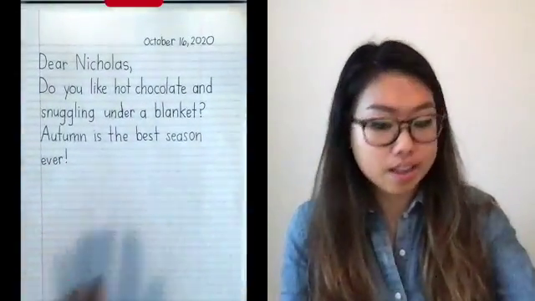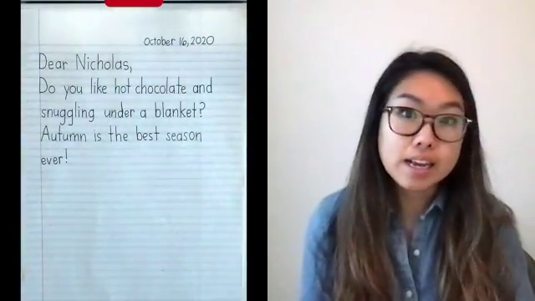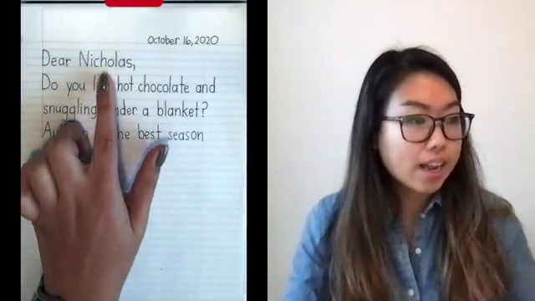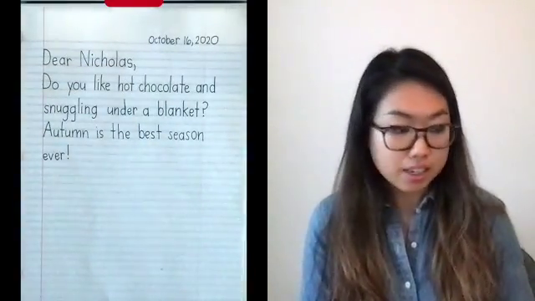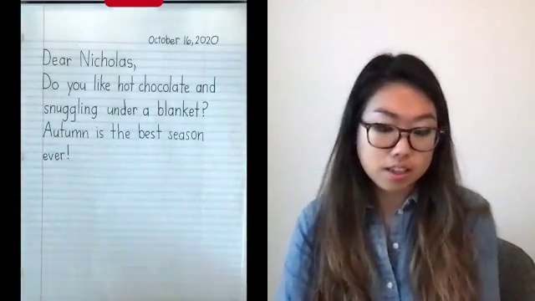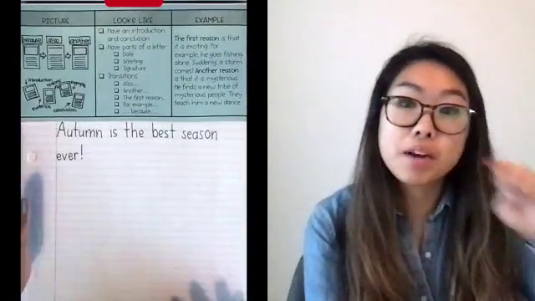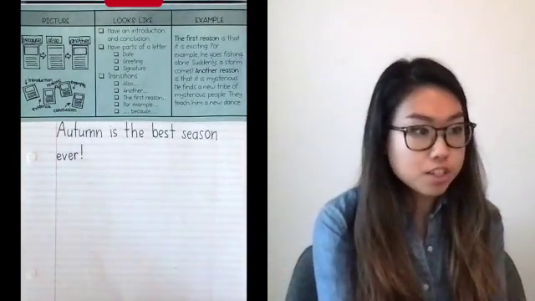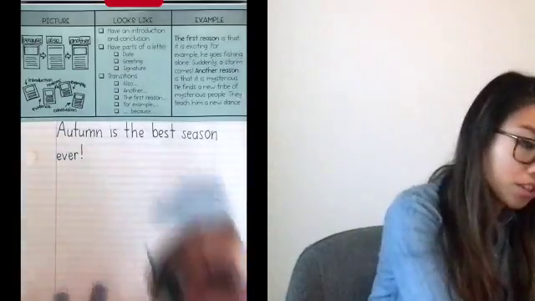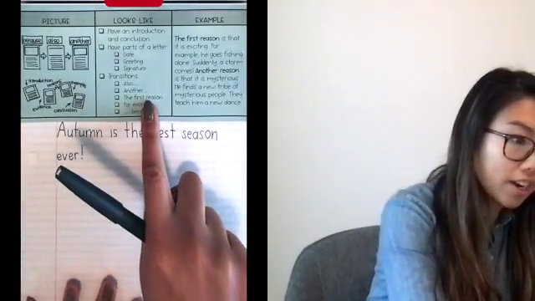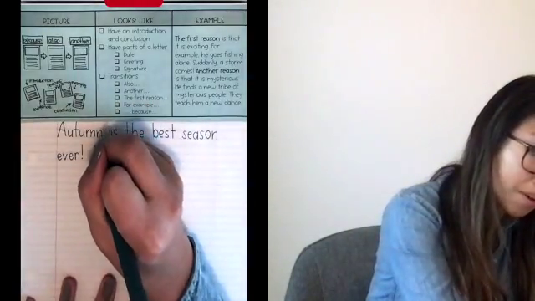So I have my writing here. Remember yesterday I added in my date, I added in the greeting, and I added in my lead. So I thought about how could I write a good lead. Now I'm going to think on this checklist, how am I going to start explaining my reasons? I think I'm going to start the first reason. So I'm just going to write the first reason, which is right here, and I'm going to write that in my writing.